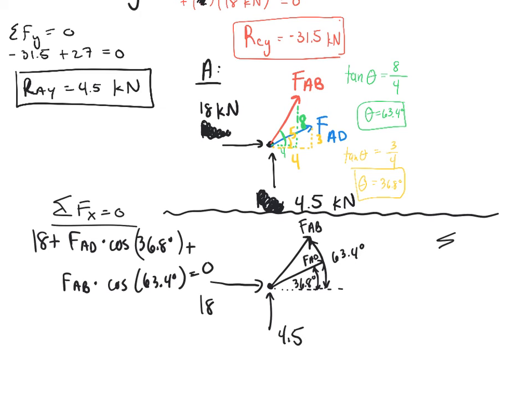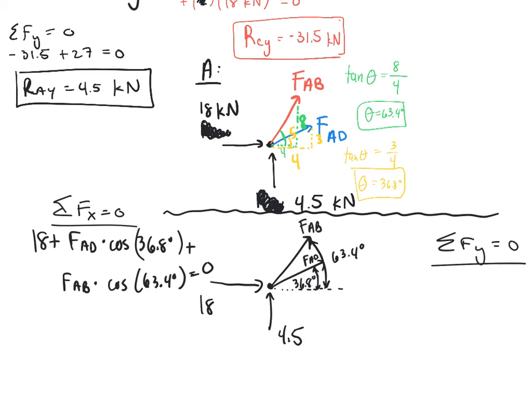And then I need to do the sum of the forces in the y direction. But what I want you to pick up on is recognizing that you cannot solve for FAB. You cannot solve for FAB. They're both unknown here. So I need to go to the y direction and use the 4.5 and use the y component of FAB and the y component of FAD to come up with the sum of the forces in the y direction.